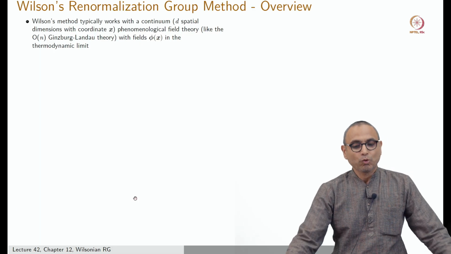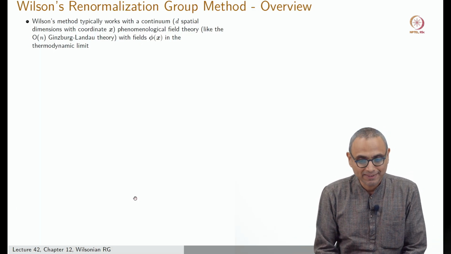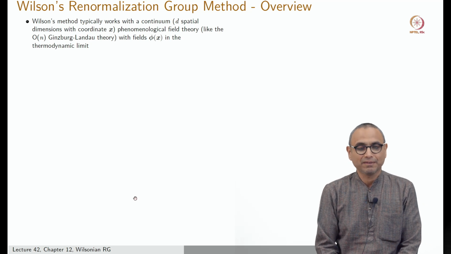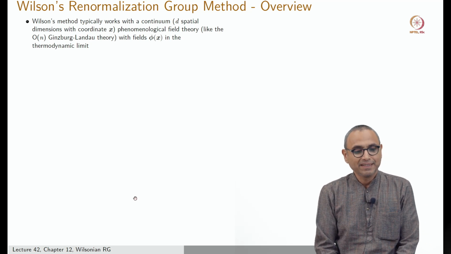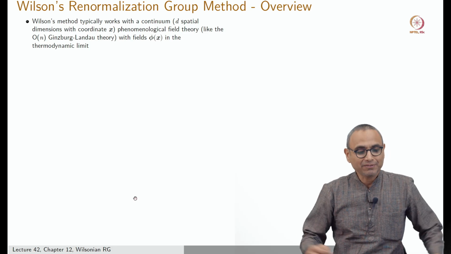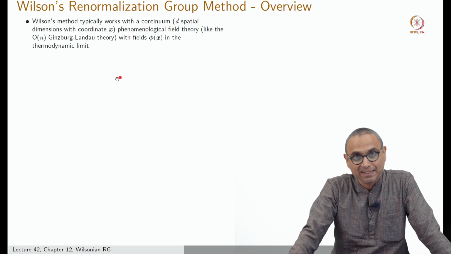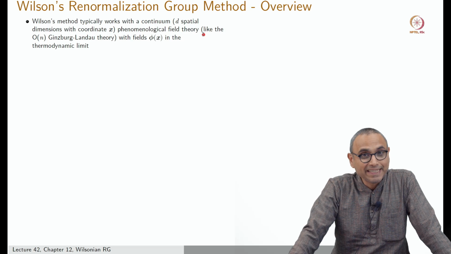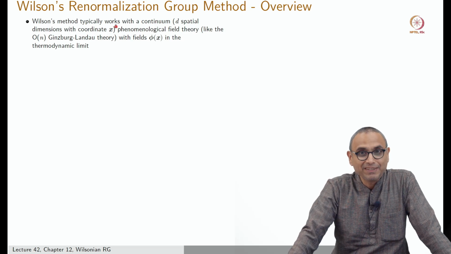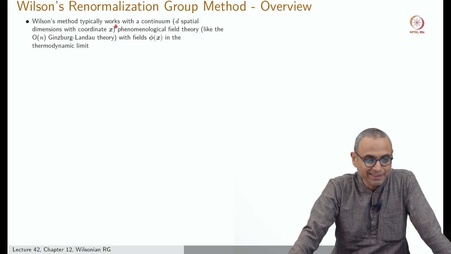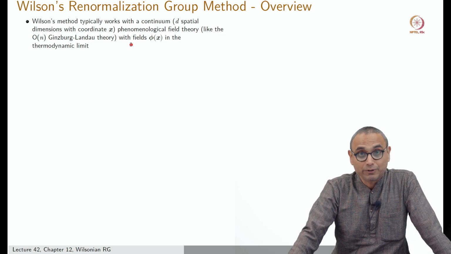Okay. So what is the idea of Wilson's framework or formulation? What we do is we start with a continuum arena. So we are in d spatial dimensions with coordinates described by x, and we start with a phenomenological field theory like the O(n) Ginzburg-Landau theory, which we have extensively studied in previous lectures, and the fields are some O(n) vectors, and we work in the thermodynamic limit.